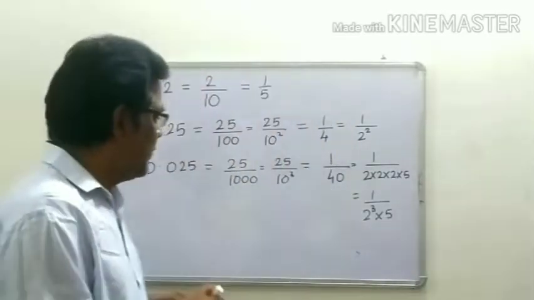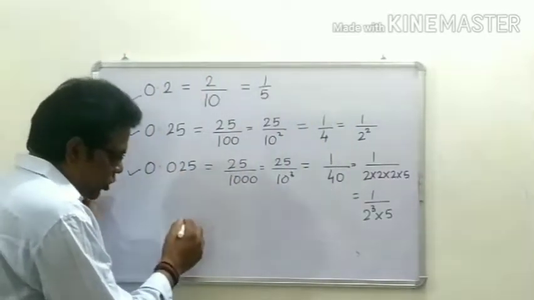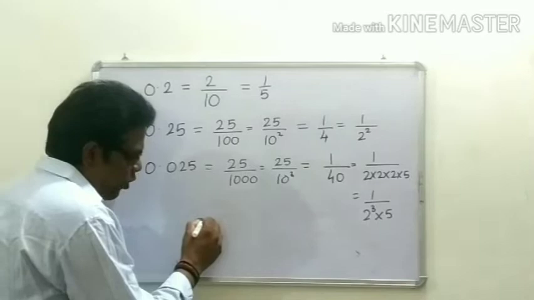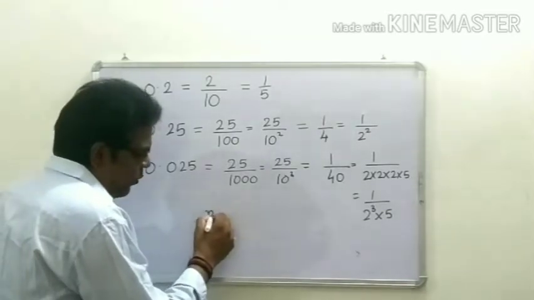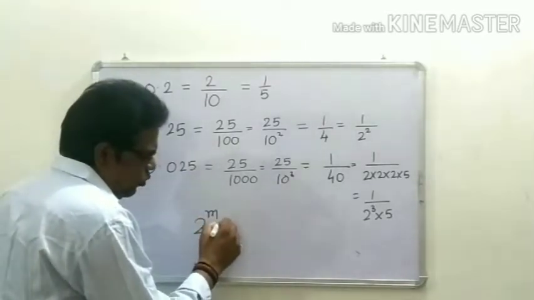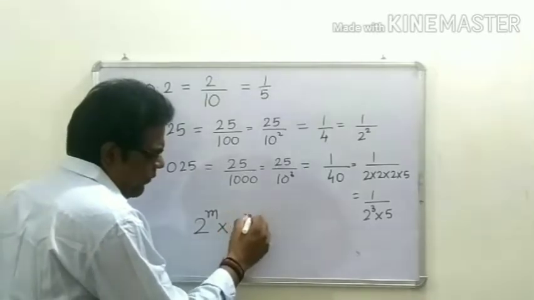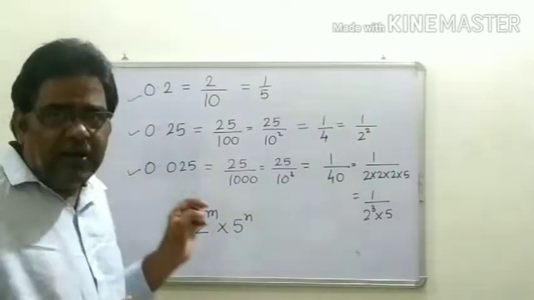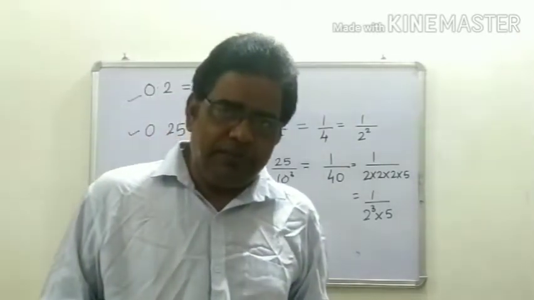To mean to say, your denominator should be of the type 2 power m into 5 power n, where m and n are positive integers.